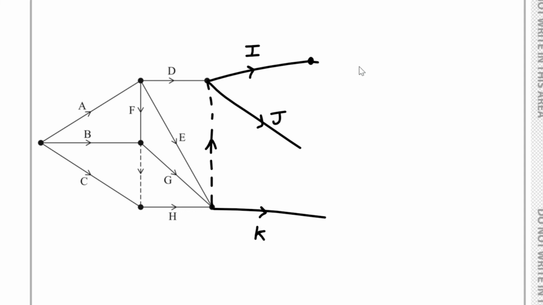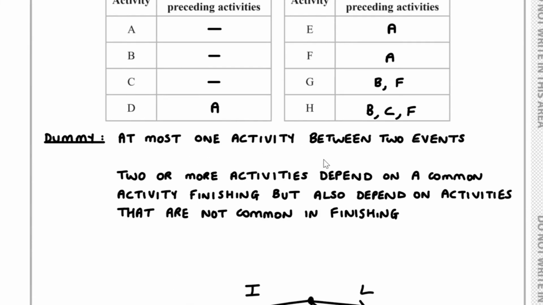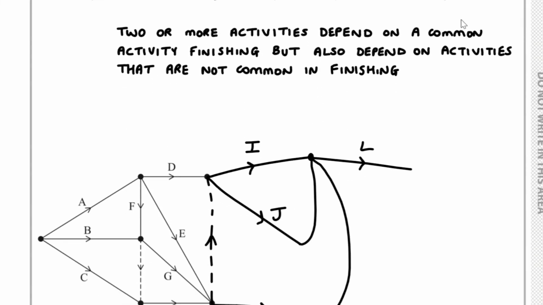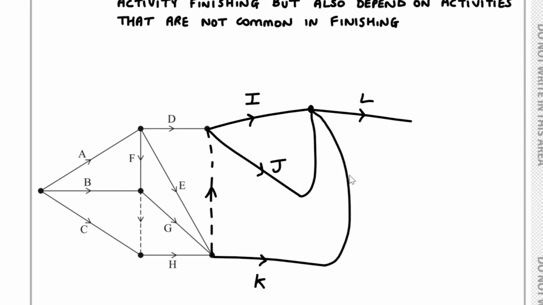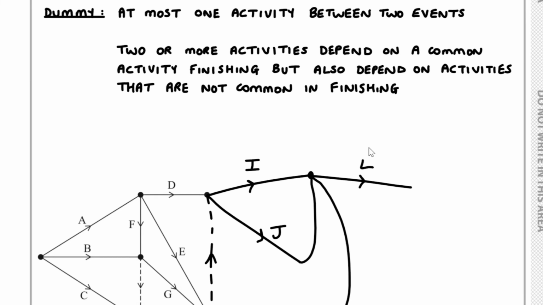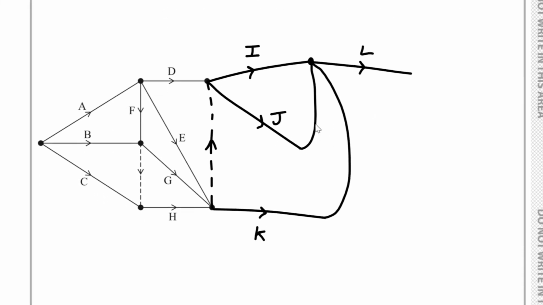So if I have L coming out over here, then J goes before L and so does K. Now the problem is over here, you can see that we require a dummy because we can have at most 1 activity between 2 events. So I certainly need a dummy here somewhere.